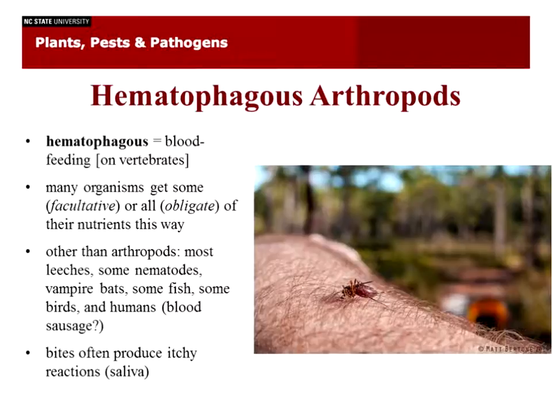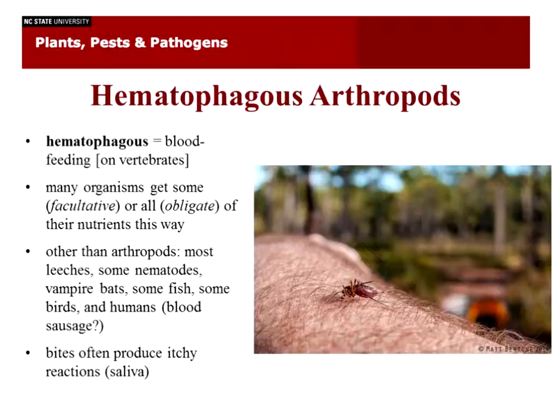Some birds, which is surprising, like some oxpeckers and some things that are related to livestock and larger animals. They will not only feed on ticks and things like that, but some will actually open wounds and drink blood, which is kind of horrific. And humans, blood sausage. There's some cultures where blood is actually eaten, which is pretty crazy.